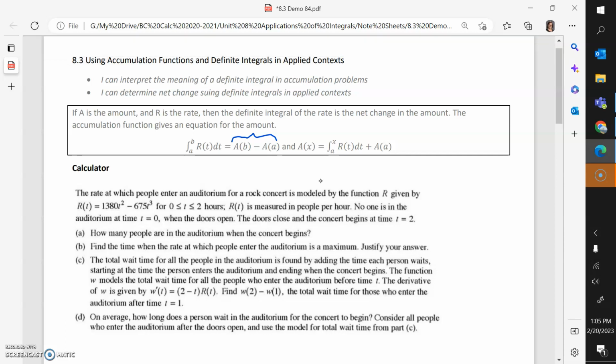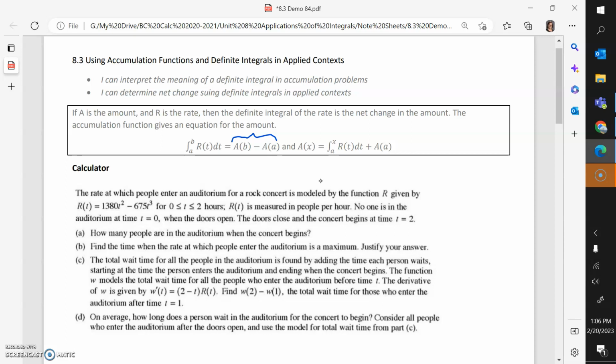If you want to write a function so that you can answer questions like what is the maximum, or is the function increasing or decreasing, then you can use the accumulation function that we learned about in chapter 6. You do the accumulation function from some time period to x, and then you add on the initial amount that you have at that time period. I'll show you how to do this.